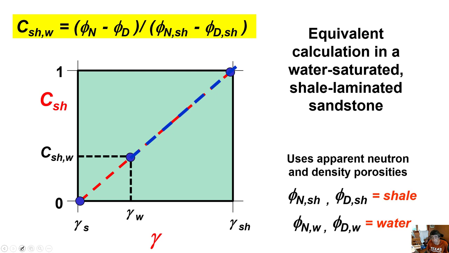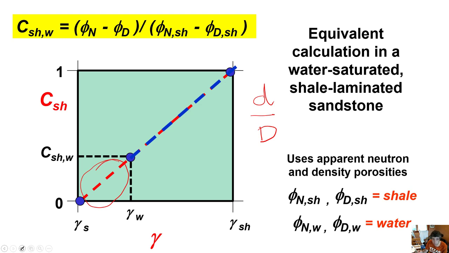Now, what happens if you don't have a clean sandstone? Well, don't despair, because we have an alternative way of doing it. The alternative way, basically this equation, what you see here, is the realization of my formula that says lowercase d over uppercase D. What this means is the following. When you don't have a clean sandstone, you don't have access to this section of the curve right here.